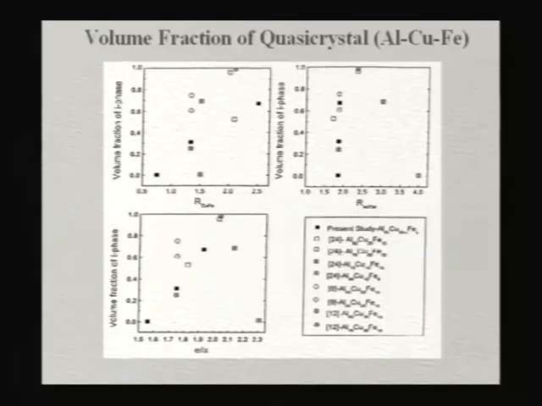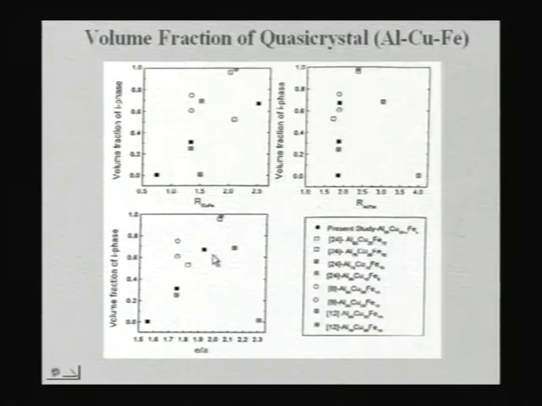And one can also identify which are the best compositions for making this. For example, as a function of E/A ratio, there is a certain E/A ratio of about 2 to 2.1 where you get the stable quasicrystalline phase with 100% volume fraction of the I phase.